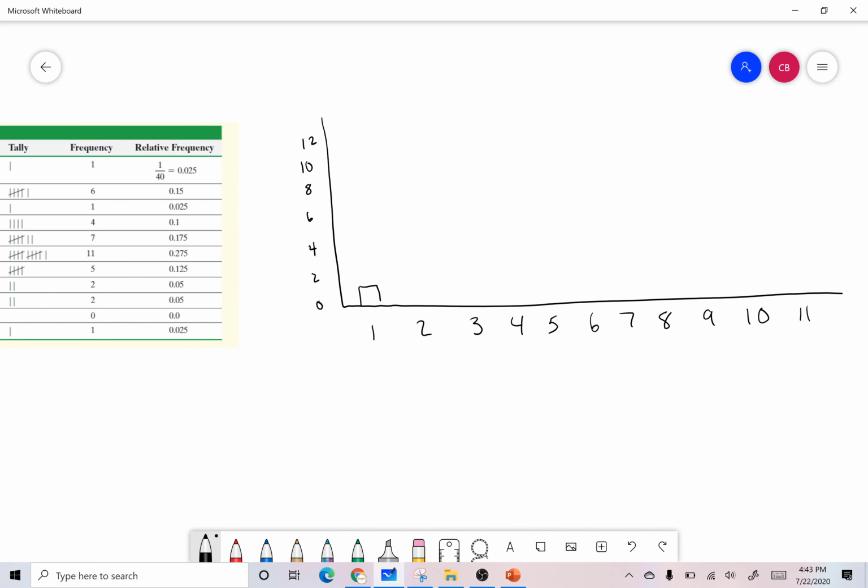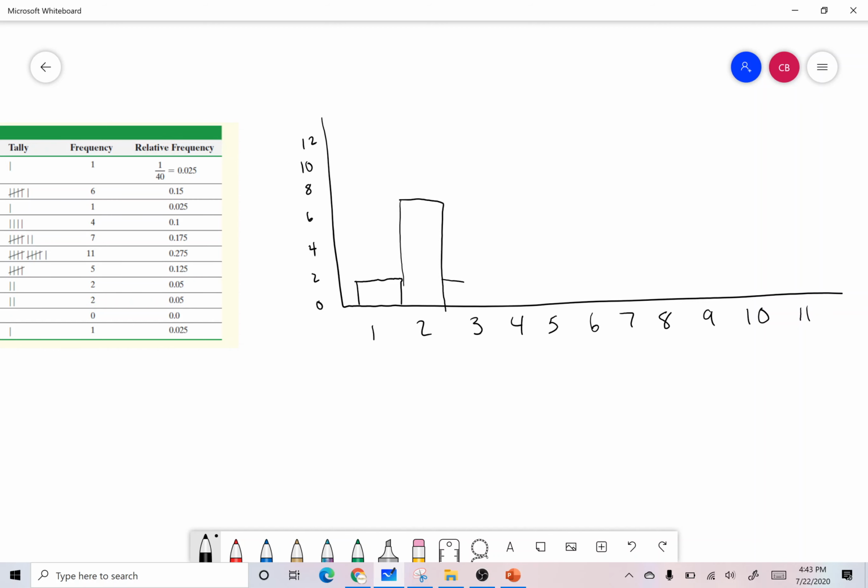So here's 1. Actually, I'm going to need to draw that a little bigger. So this is 1. 2 is going to be 6. So we're going to go up here to 6. That doesn't fit very well. So let me draw this 1 a little bit bigger. Oh, I missed. We want them to be about the same size in width.